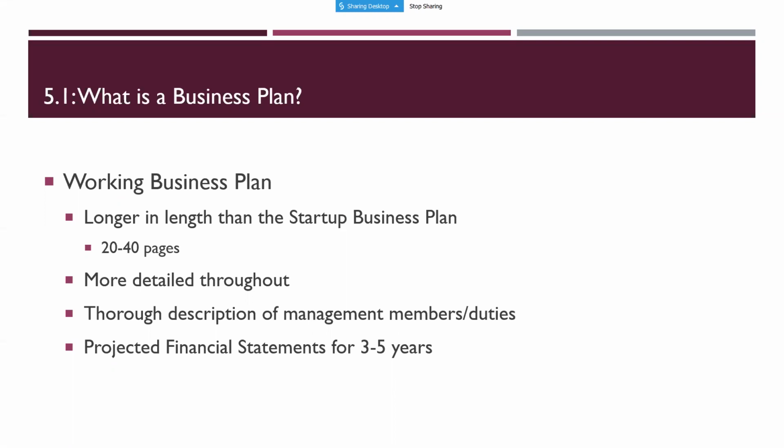I did a search for that company and it does not appear to exist anymore. But they had a good plan, and theirs was a lot more detailed than the one we just saw. The projected financial statements in a typical working business plan are for more longer term, like 3 to 5 years versus just 1 or 2.